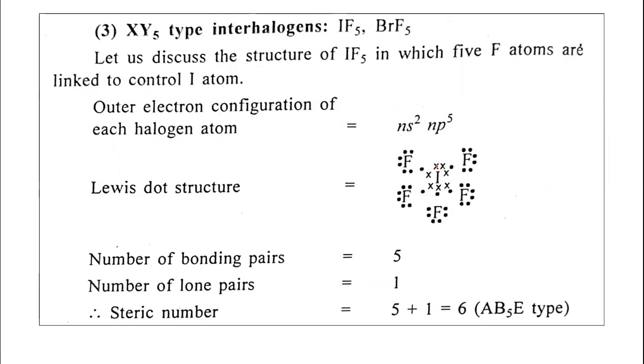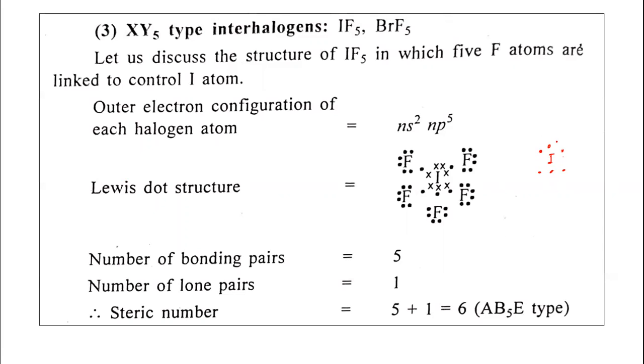Iodine has the valency 7. Now 5 fluorine atoms are bonded here. So iodine has 7 electrons. Let us represent first 5 electrons, 1, 2, 3, 4, and this fifth one.